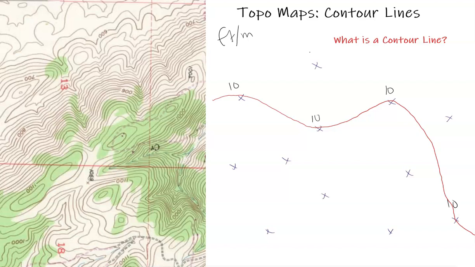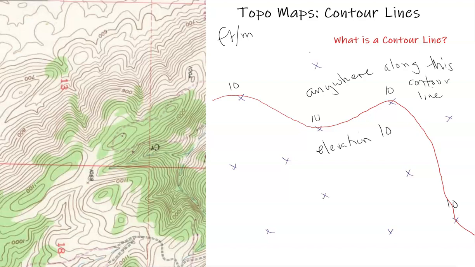Now, a contour line has various rules, but before that, I'm going to show you how you draw them. So when I've drawn this red line, representing a line that connects all the elevation 10s, it's saying that anywhere along this red line, this contour line that I've just drawn, is going to be elevation 10. It could be 10 feet or 10 meters.